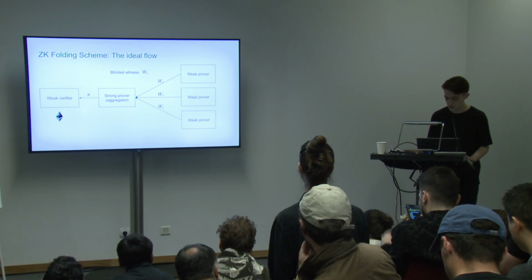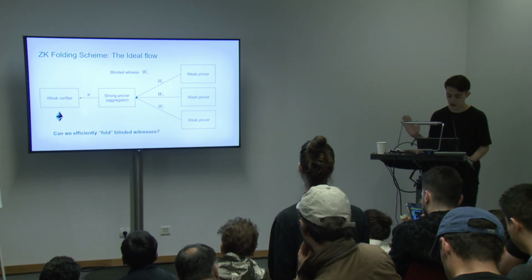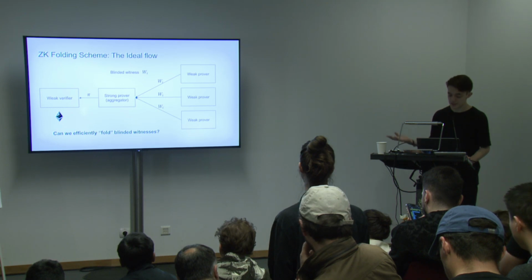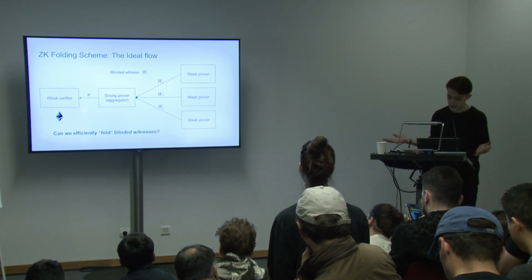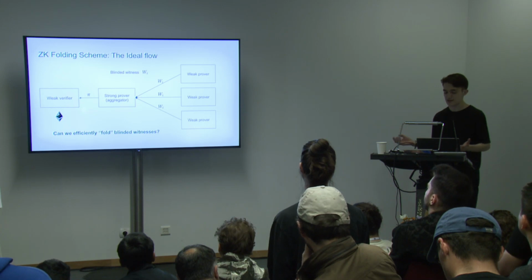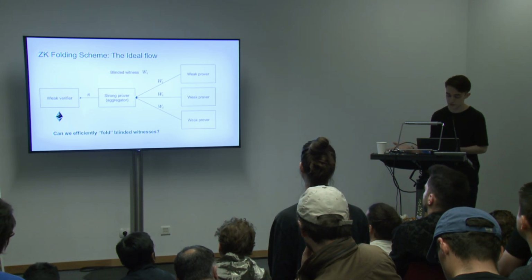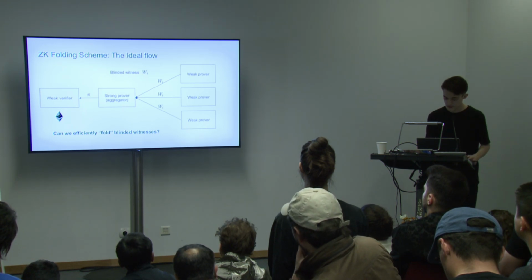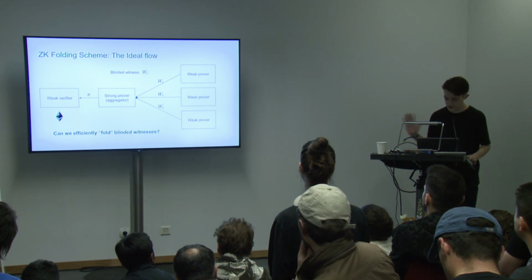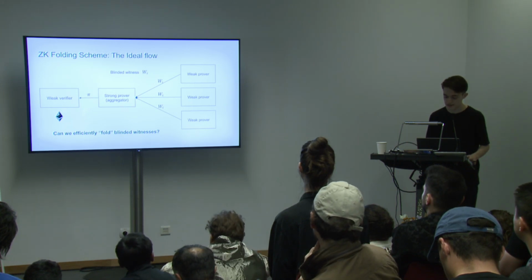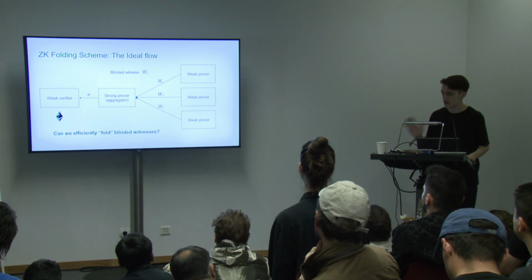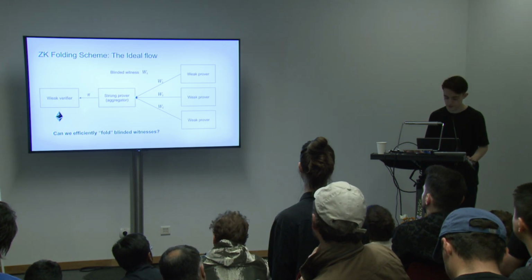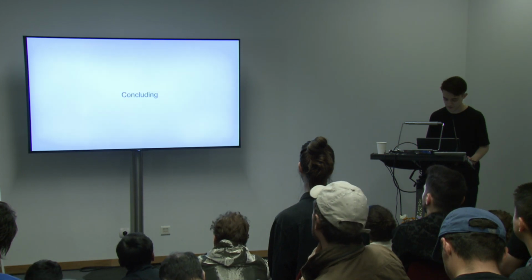This is the ideal flow, but we still don't know if we can make this an efficient system. We still don't know if we can introduce this blinded witness while preserving the efficiency of Nova. But it's definitely an important direction to explore, and we have some ideas, but they're not ready yet and not concrete. So I will not talk about it in this talk.